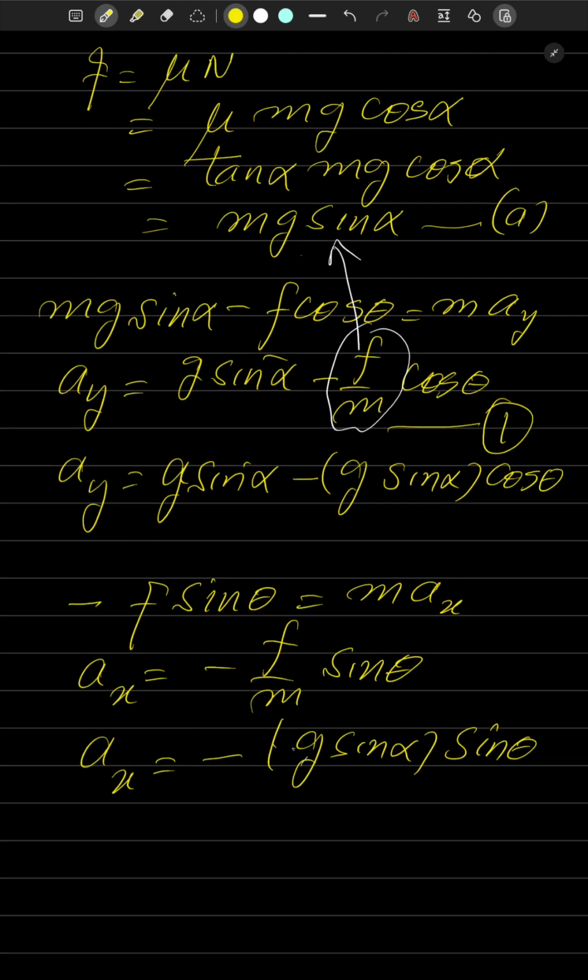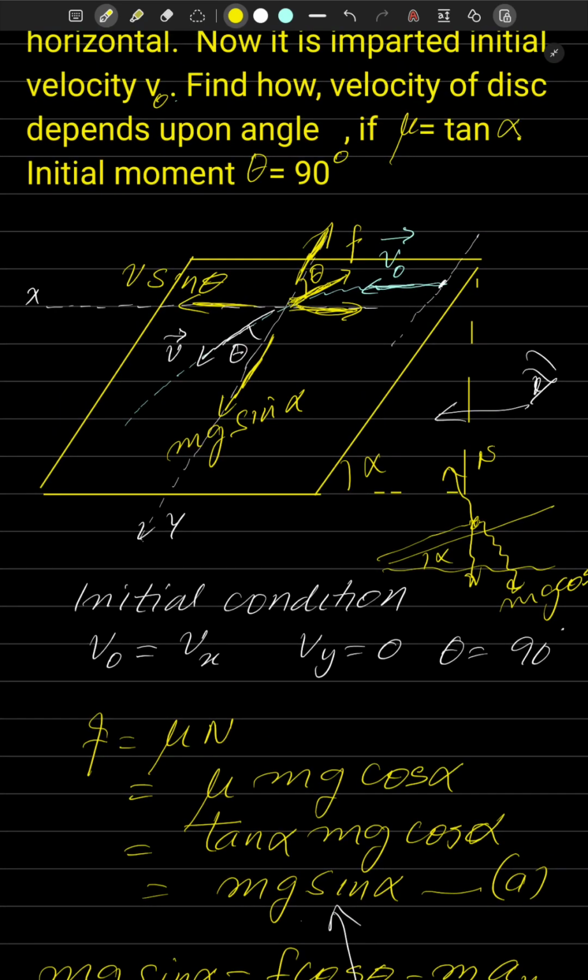As the particle is moving down, you know that your velocities are v cos theta and v sin theta, the two velocities. One velocity along the x-axis, one velocity along the y-axis.